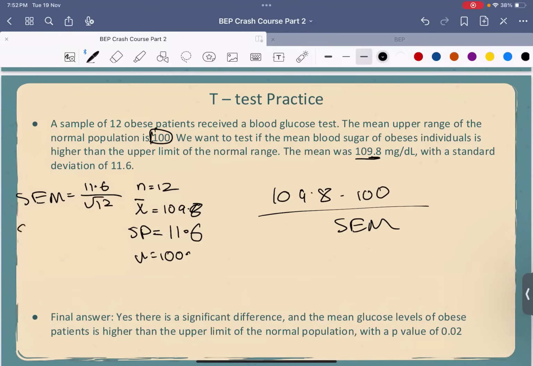So let me calculate that: 11.6 divided by the square root of 12.